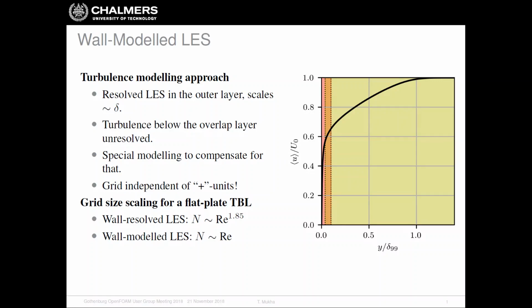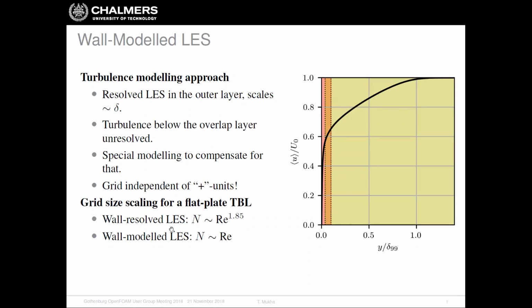Before we continue with some more details of Wall-Modelled LES, why do we actually do that? The whole idea is, of course, that we can save computational resources by ignoring some of the scales in our grid. For a flat-plate turbulent boundary layer, there are estimates on how the number of cells in your grid scales with the Reynolds number.